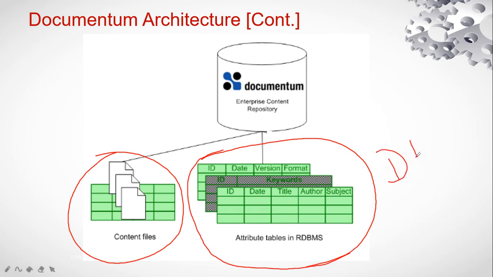This is the database part, and this is the file store part. The repository is a very logical name actually. The repository consists of two things: one is the file system, and the other one is the RDBMS database. The file system is a typical file storage where we store all content files.